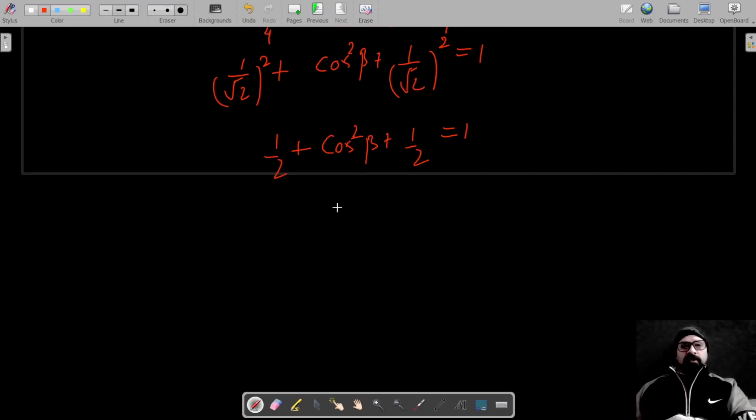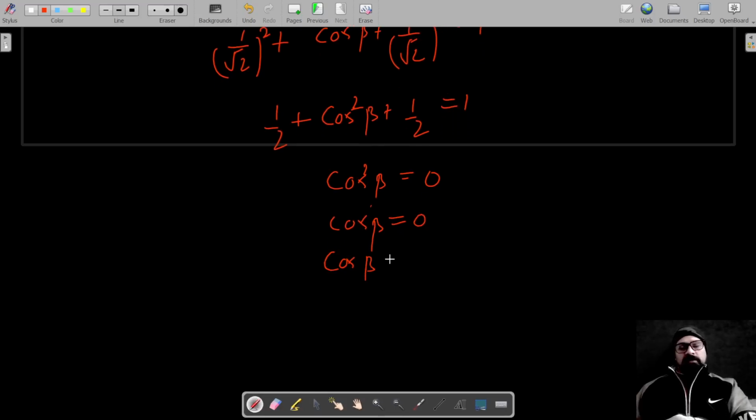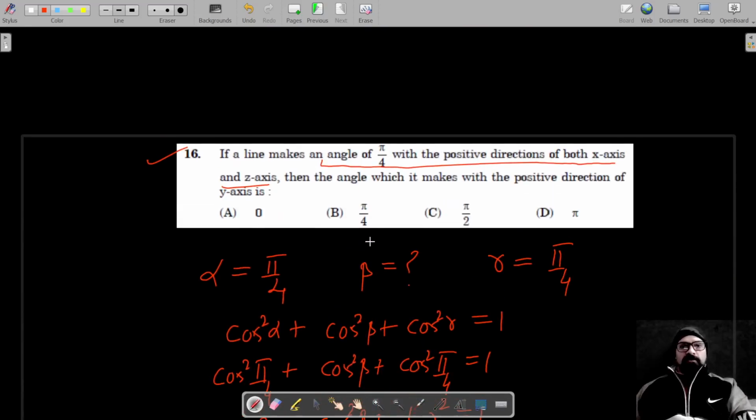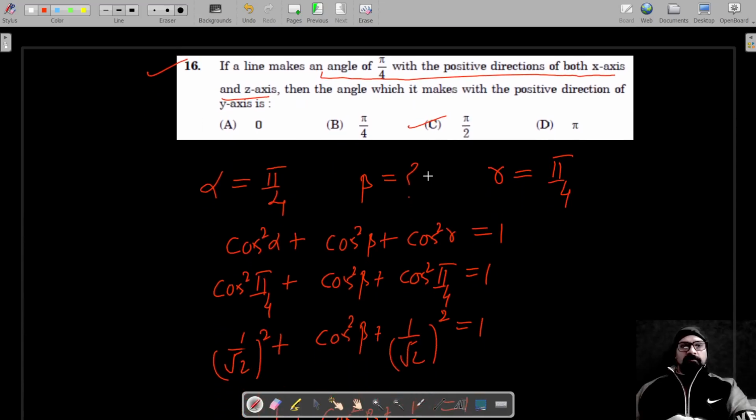Half plus half is 1, so cos square beta is equal to 0. That means cos beta is 0, and the angle for which the value of cos is 0 is pi by 2. So beta is equal to pi by 2, and C is the correct option for this.